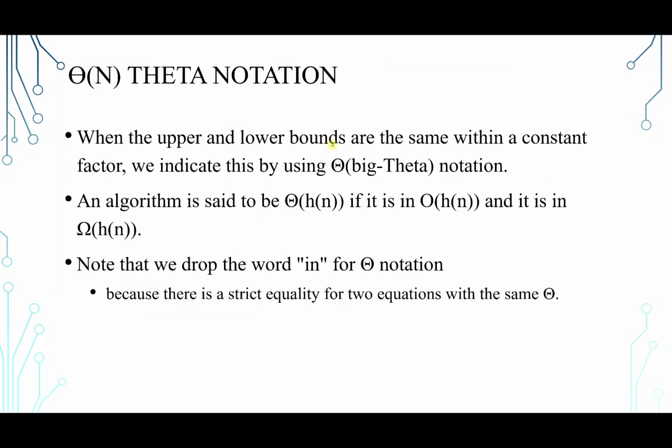So how do we form that in a definition? The definition is: when the upper and the lower bounds are the same within a constant factor, we indicate this by using big theta notation. So an algorithm is said to be big theta of h of n if it's in big O of h of n and in big omega of h of n.